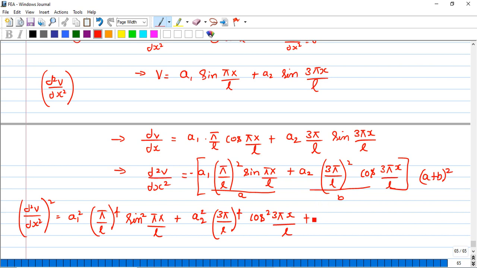For 2ab I will be getting 18 a1 a2, that is 3 square, 18 a1 a2 (π/L) to the power of 4 into sin(πx/L) into sin(3πx/L). So this is the complete (∂²v/∂x²) whole square. We need to substitute the same in the potential energy functional, that is in equation 1.